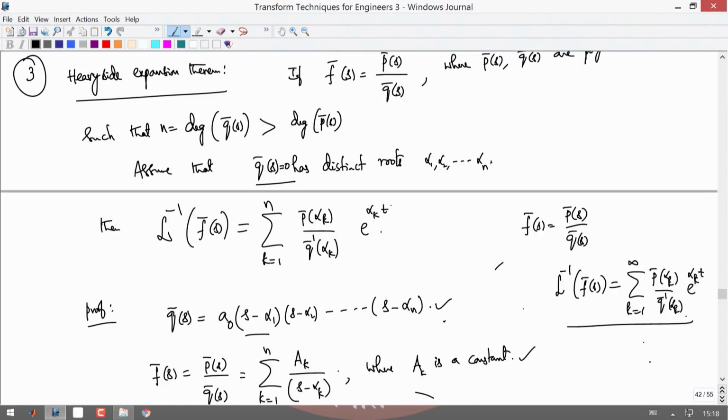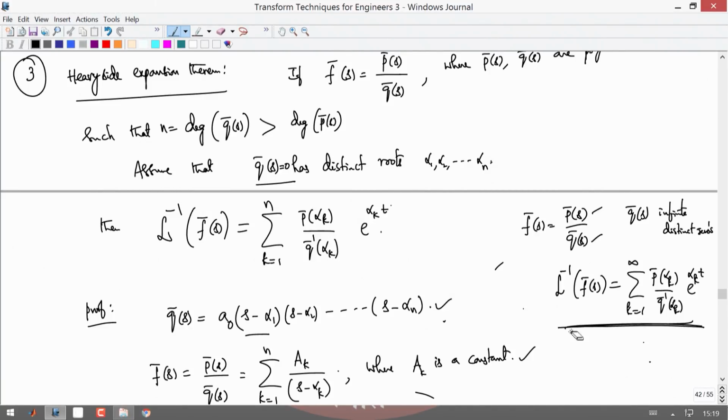So, you see that it is as though you applied this Heaviside expansion theorem, even if q bar of s has infinitely many roots, infinite distinct zeros.